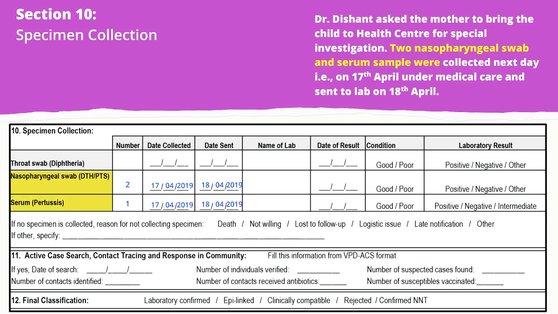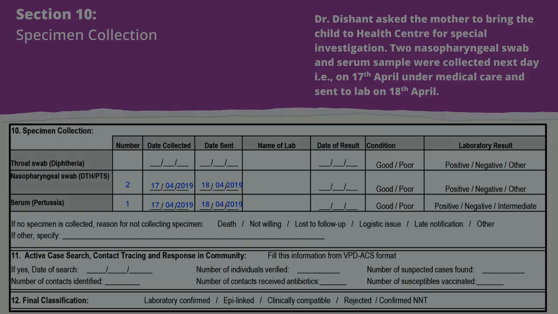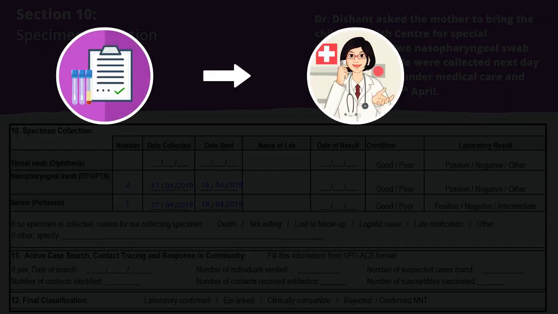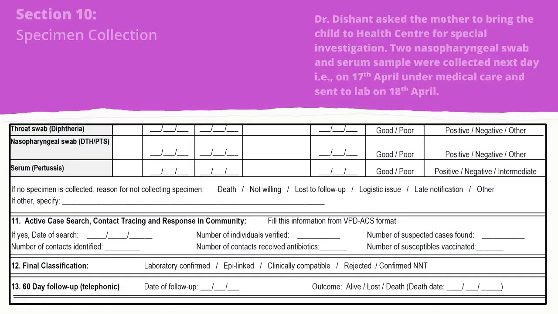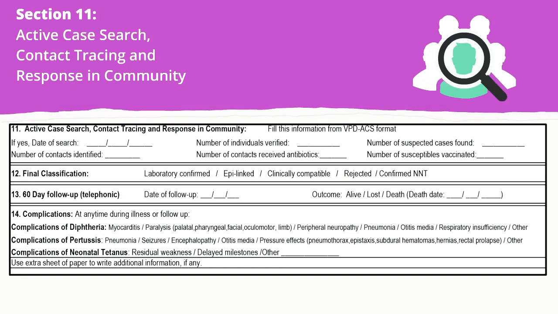Nasopharyngeal swab and serum samples were collected on 17 April. Samples were sent to lab on 18 April. Once lab result is available, DIO or SMO office should share it with patient and health facilities. Active case search in the community is important to identify all the suspected cases, contacts as well as the susceptible for early intervention.